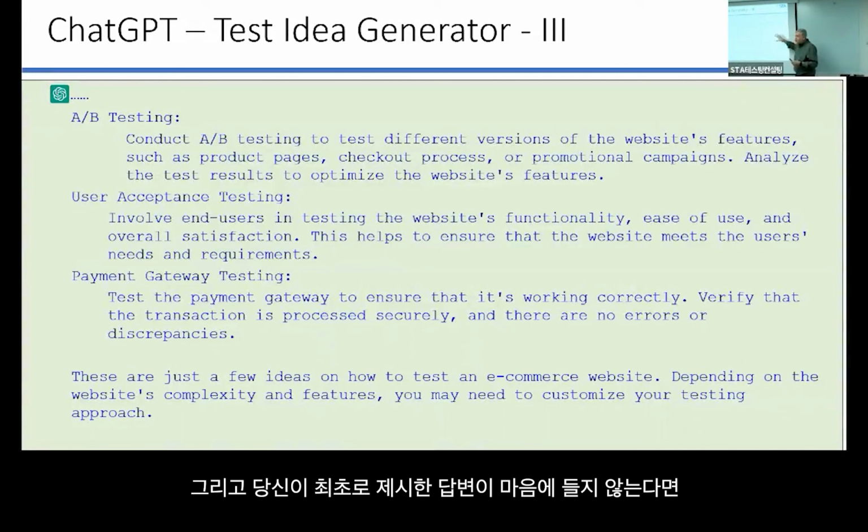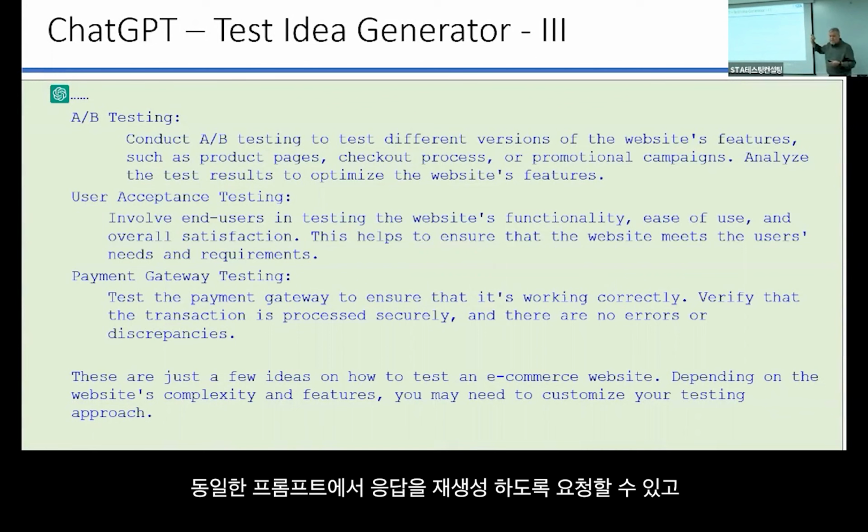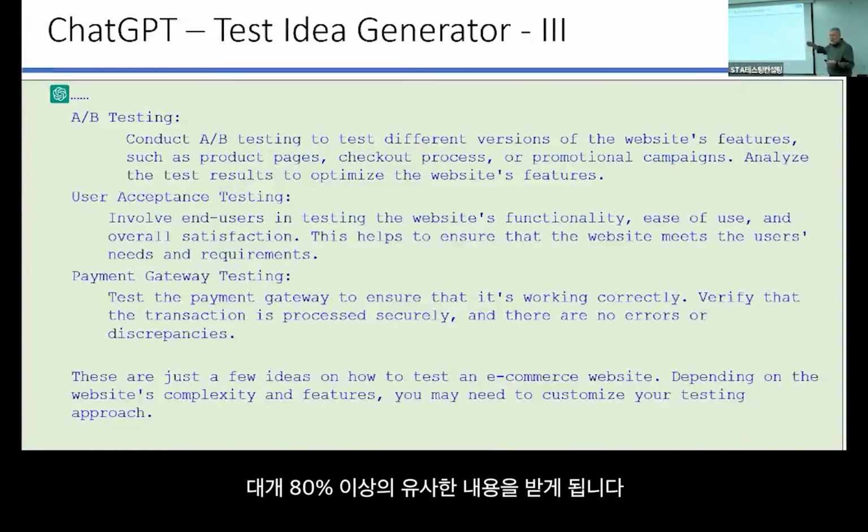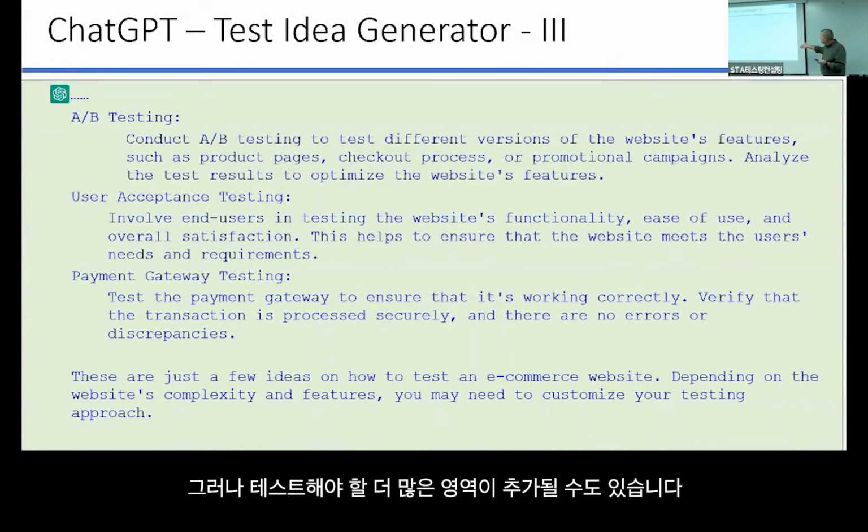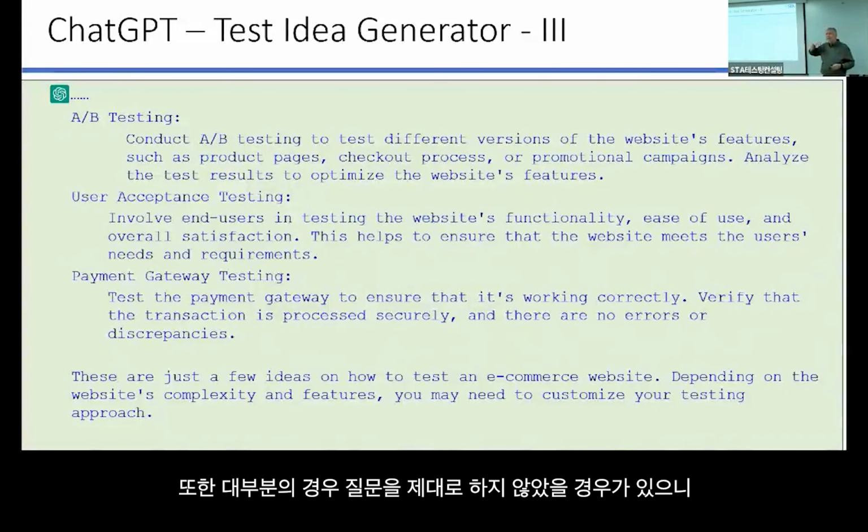And if you don't actually like what it tells you, you ask it to regenerate the response. If you ask it to regenerate the response from the same prompt, what you're likely to get is about 80% similar content, but you might get another area that you need to test. A lot of the time you'll find that you didn't really ask the question right.